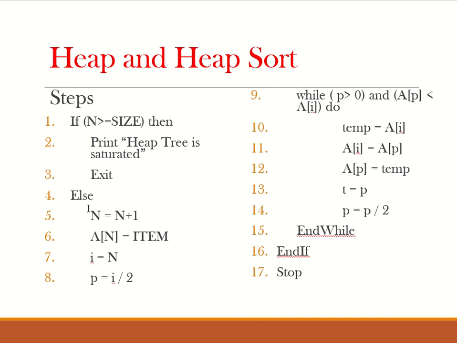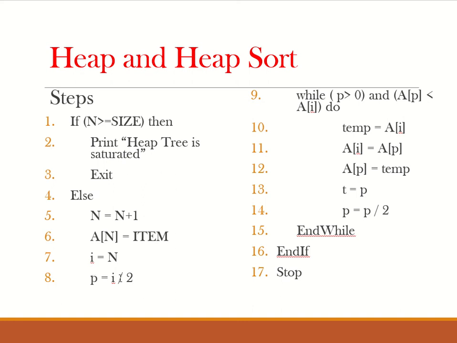After the insertion happens, i is equal to n, because you have inserted it at that position. So you have the node at i. Now you have to check for its parent. Since it is an array implementation, you know that the parent of that particular node is available at i by 2. So you find i by 2 and store it in p.